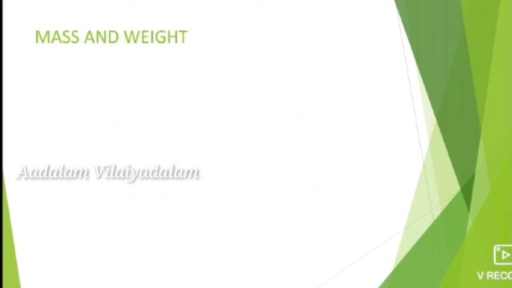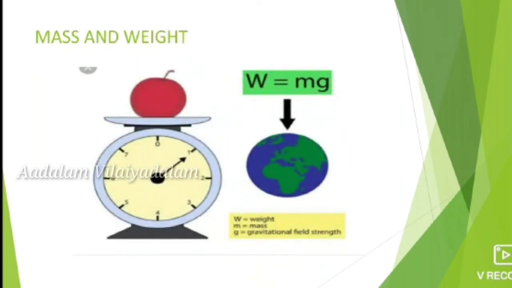And mass and weight. Mass is a measure of the amount of matter of that object. That is, mass is a measure of the amount of substance, and weight is the gravitational pull experienced by the mass.